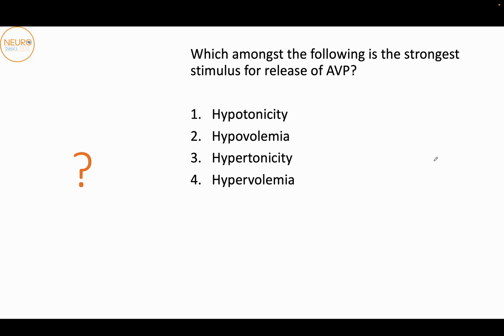So the first question is, which amongst the following is the strongest stimulus for release of arginine vasopressin? Hypotonicity, hypovolemia, hypertonicity, or hypervolemia?